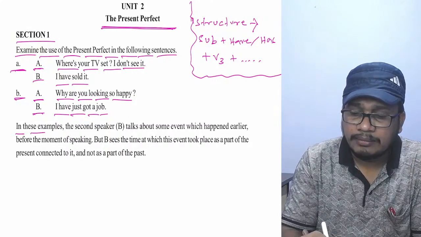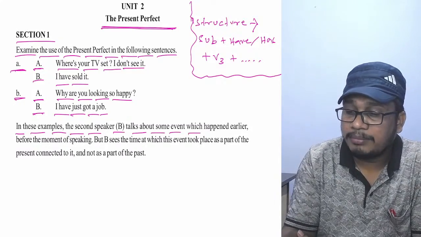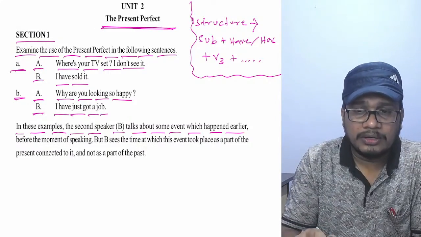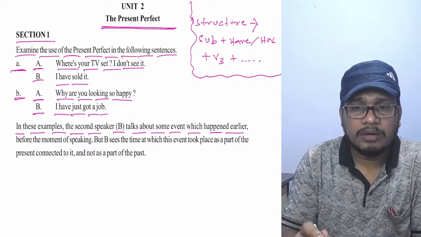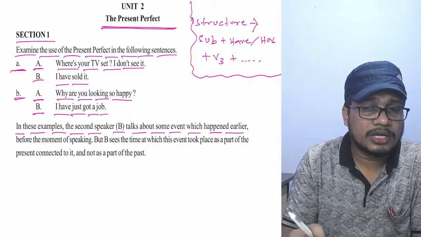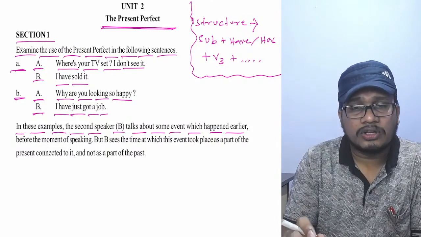In these examples, the second speaker B talks about some event which happened earlier, sometime before, and the action is already completed.